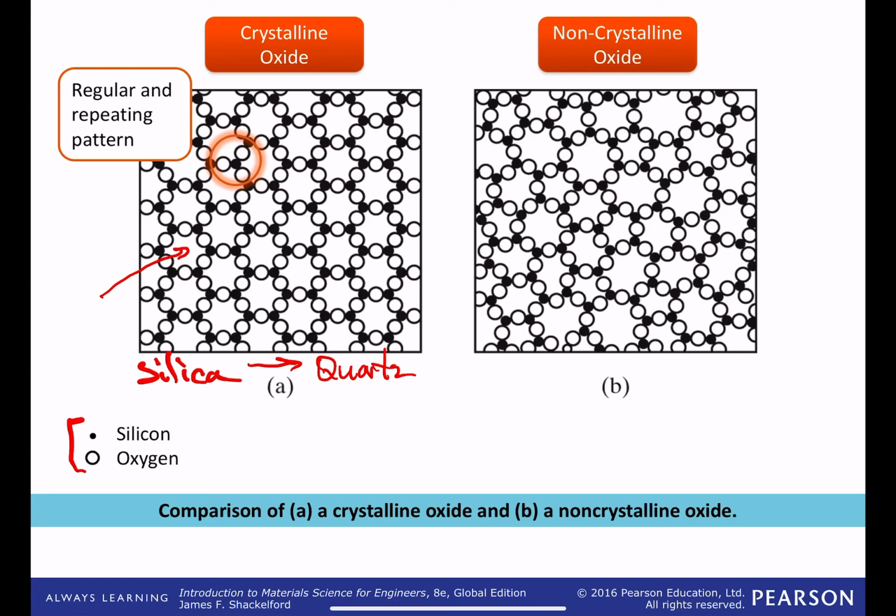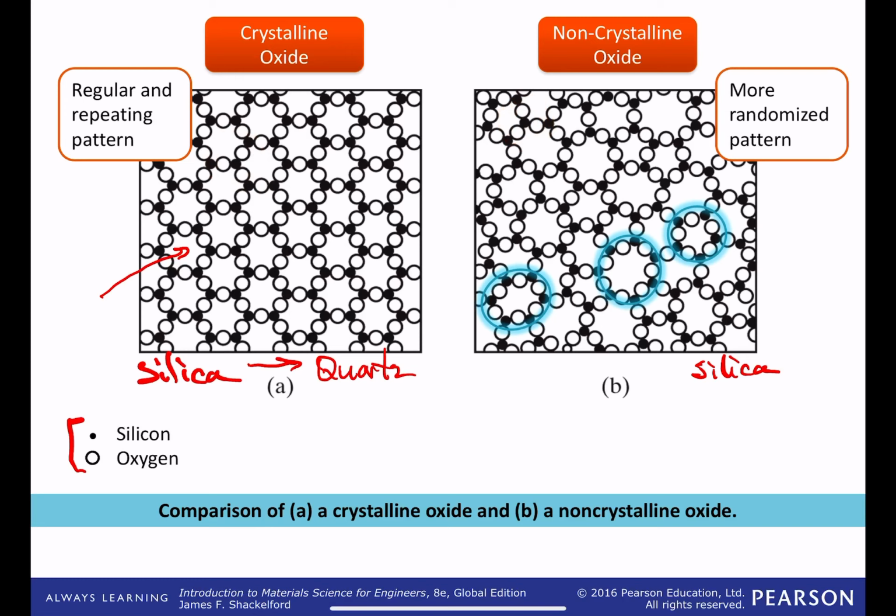Silica can also be rendered non-crystalline or amorphous, where here you see the arrangement of atoms into their connected format is more randomized. Okay, so the regular repeat that we see at left only exists in a few spots, and the atoms contributing to any rings that we see in the connectivity of the material are more random in size. So there's a more random pattern in the non-crystalline oxide, as you see emphasized here in these blue features.